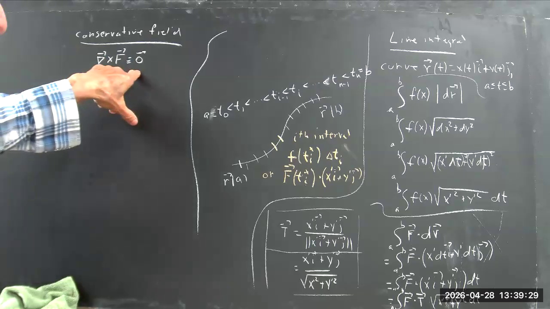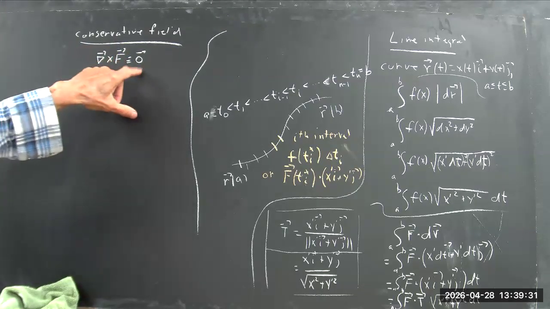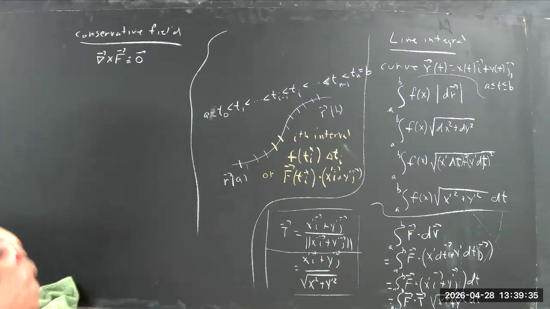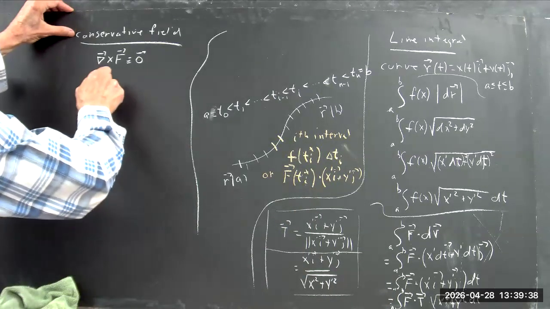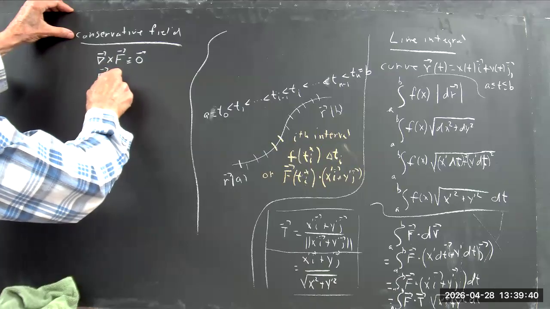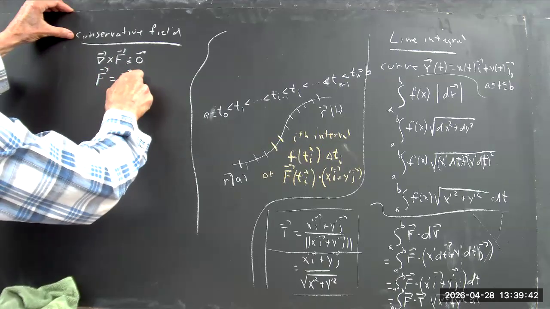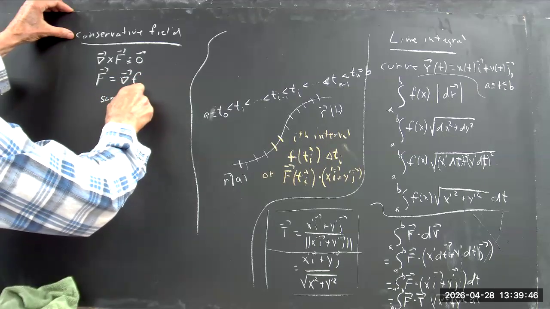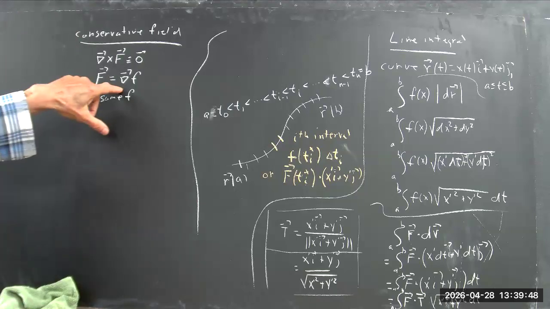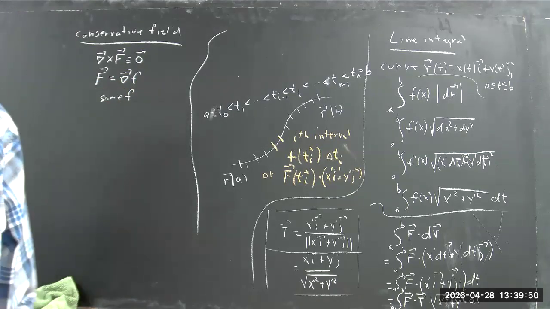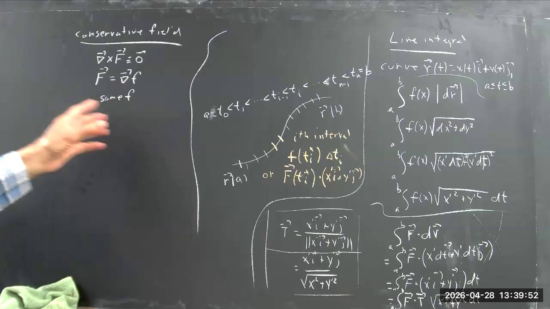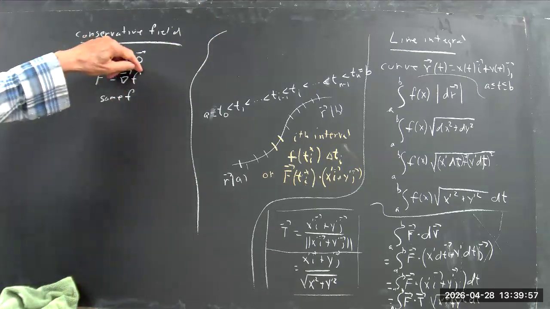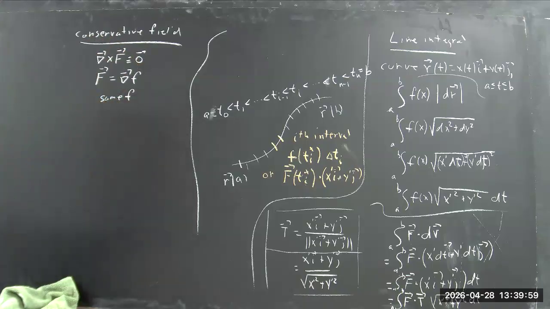Del dot F is identically equal to 0. That's what that triple equal sign means, identically. At all points, it's equal to 0. Big F is the gradient of some scalar function f. I haven't written the word scalar. It's implicit that this thing, which doesn't have an arrow over it, is a scalar function.